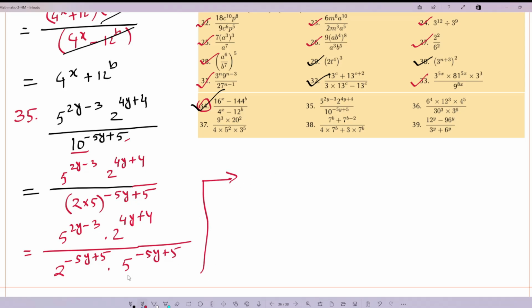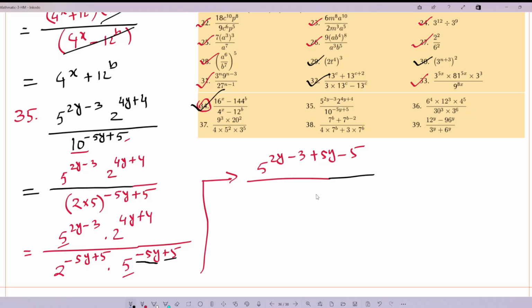Now look, here 5 and 5, these bases are the same, so this one we can write like this: 5 to the power 2y minus 3 plus 5y minus 5. It means in a negative exponent, once bases are the same, we know in division the power will be subtracted. Therefore this minus 5y becomes plus 5y and plus 5 becomes minus 5.